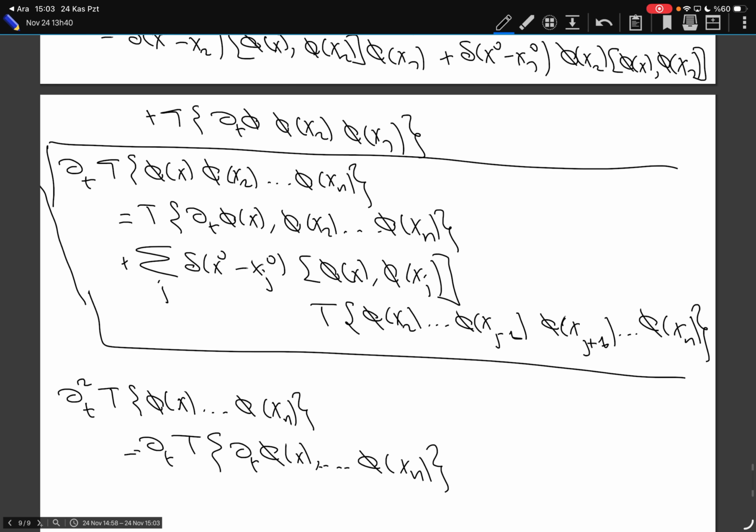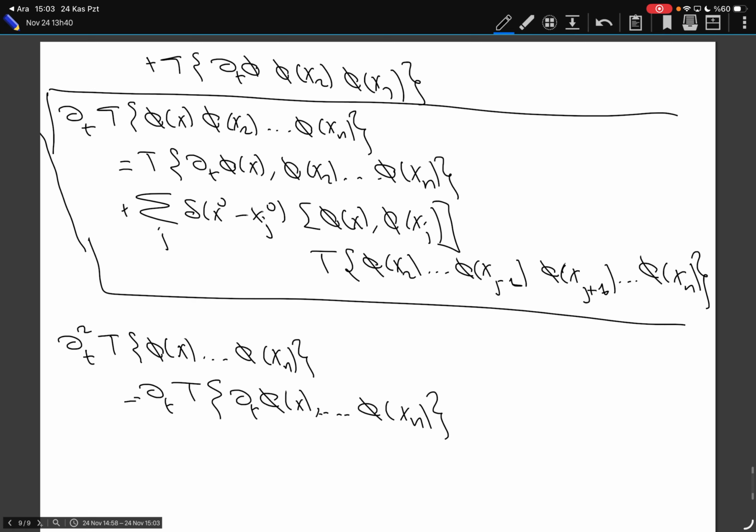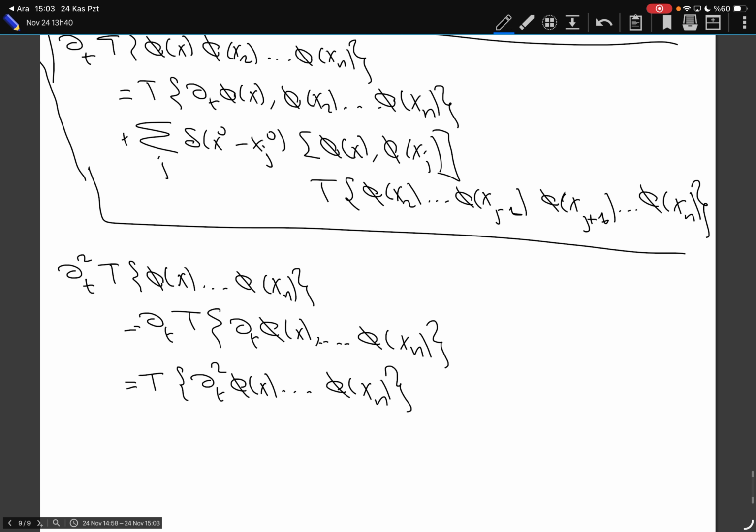I didn't write it down. Well, if I take one more derivative, this is the time-ordered product of del t squared phi of x, phi of xn, plus sum over all fields. We didn't write the second term, right? The second term is 0 in the first derivative. That's why I didn't write it. Now I have to write it down because it's not 0.